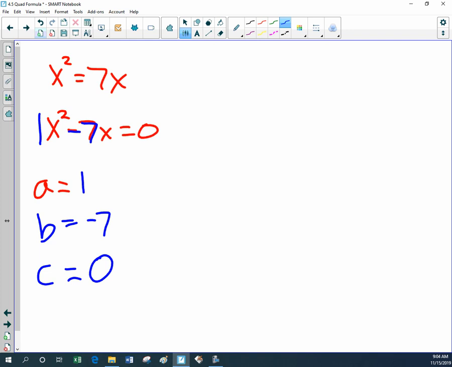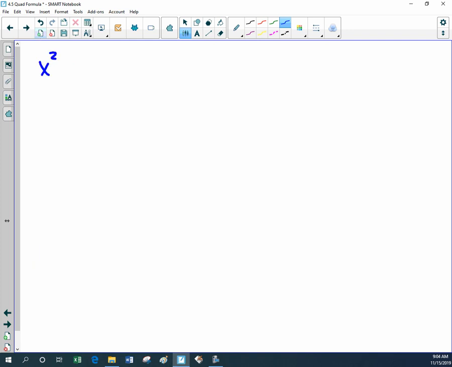Okay, then if you'll look on the back side, for problem number 1, we're given this equation right here. And with this equation, it's asking us to solve the same equation 3 different ways. So first we're supposed to solve it by factoring, then by completing the square, then by quadratic formula.